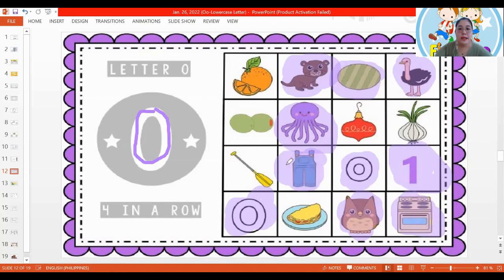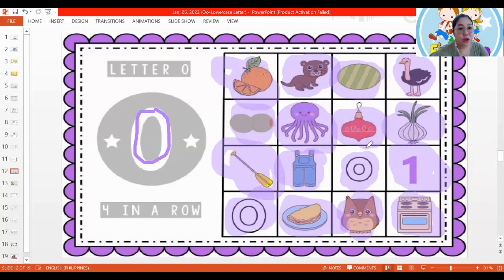Next one, onion. Then we have orange. Next one, omelette. Next one, or. Then olives. And lastly, we have our ornament.